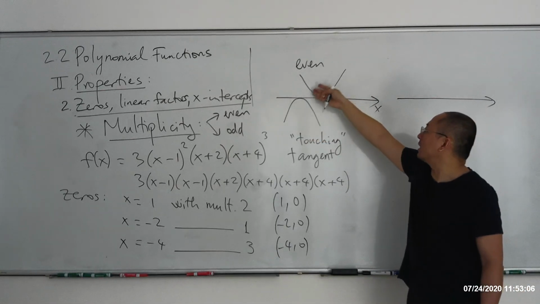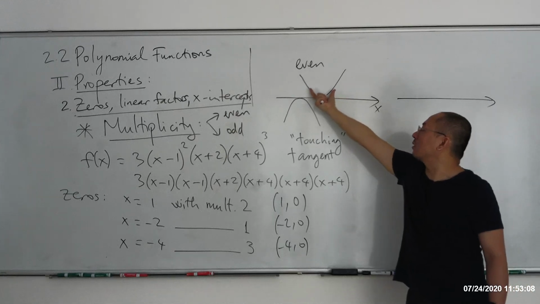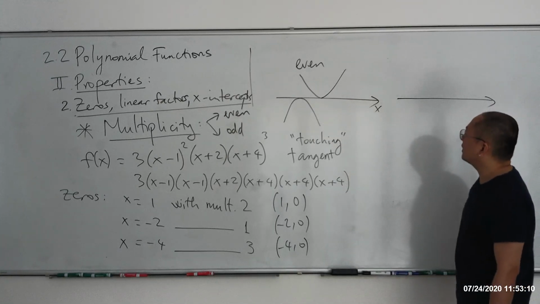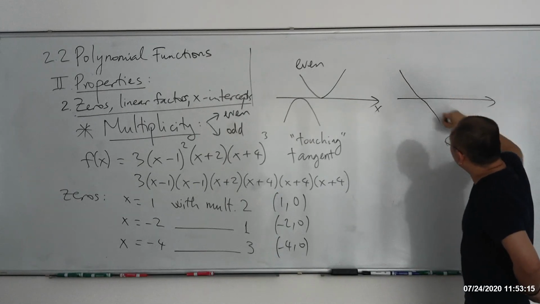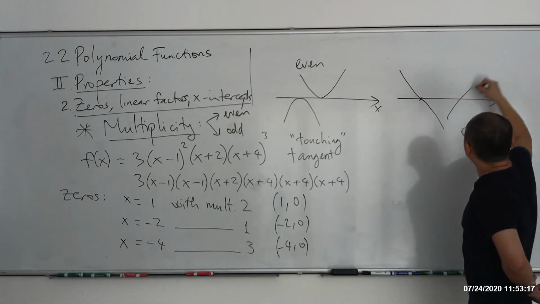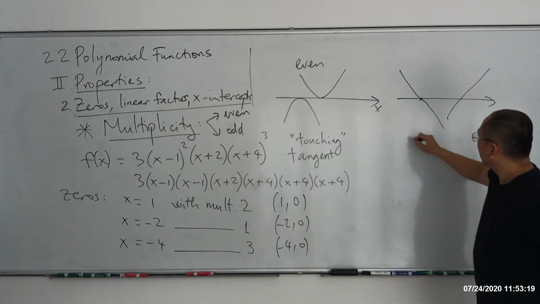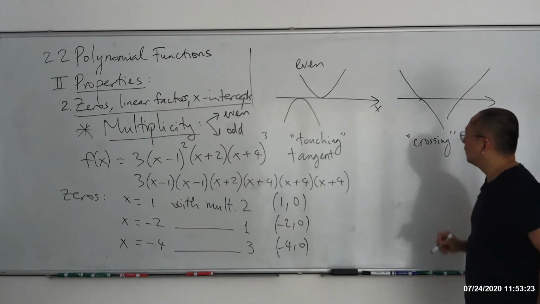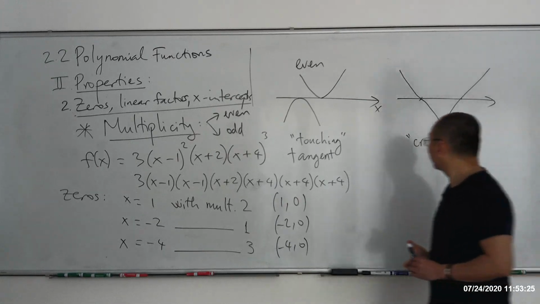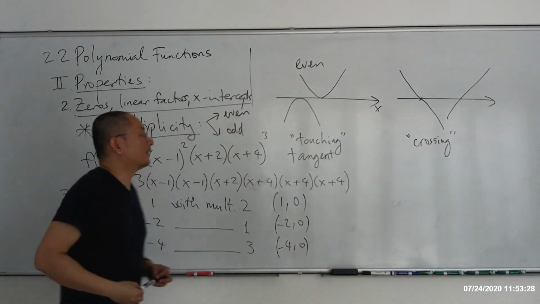So the entire graph is going to be on the same side in that local region. Okay. For odd multiplicity, it's not going to be that way. When it goes down, it hits the x-axis, it's going to go through. Of course, the other way around as well. When we go up, we go through. It's crossing the x-axis. Okay.